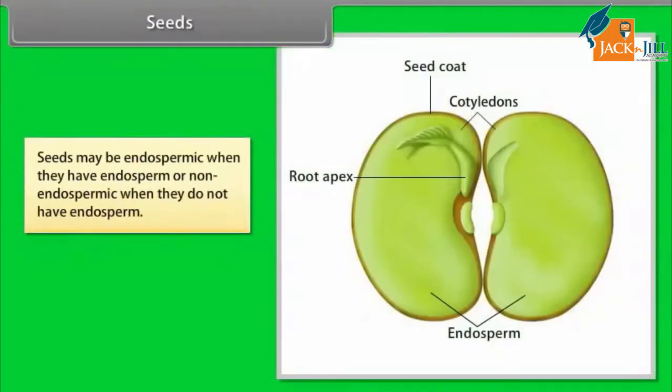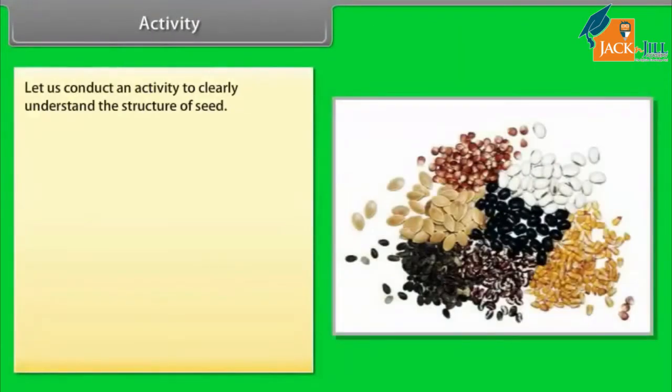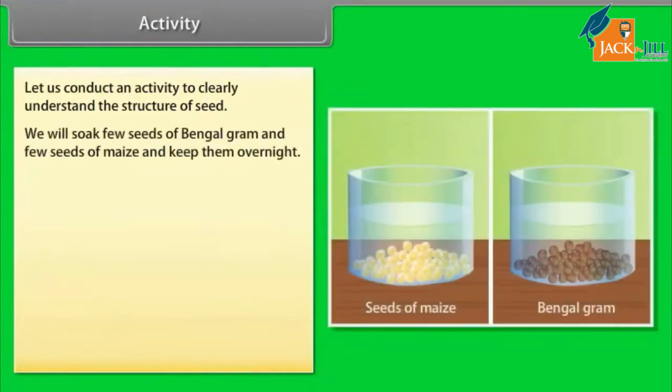Seeds may be endospermic when they have endosperm, or non-endospermic when they do not have endosperm. Activity. Let us conduct an activity to clearly understand the structure of seed. We will soak a few seeds of Bengal gram and a few seeds of maize and keep them overnight.